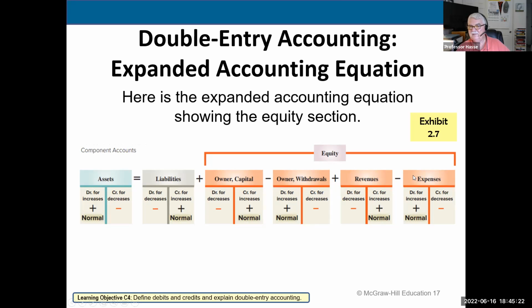The normal transactions are debit expenses, credit revenues, debit withdrawals, credit capital. Credit liabilities, when you borrow money, it's a credit. When money's coming in or you're buying assets, it's a debit. Study these until your eyeballs fall out. It makes everything a lot easier to understand.